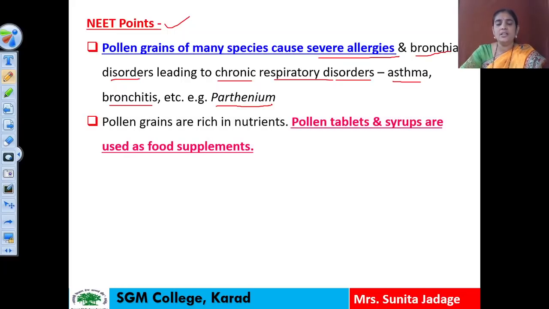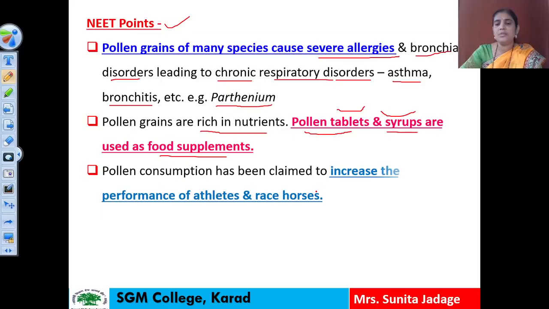Then second, some pollen grains are very rich in nutrients. Some plants are showing pollen grains which are rich in nutrients, and from those pollen grains, pollen tablets and syrups are produced which are used as a food supplement.